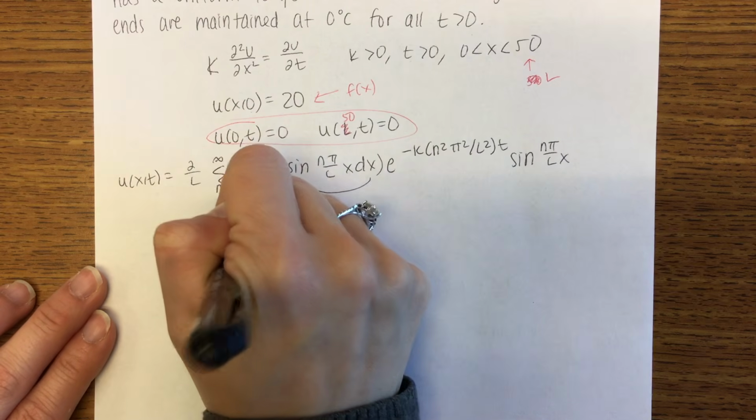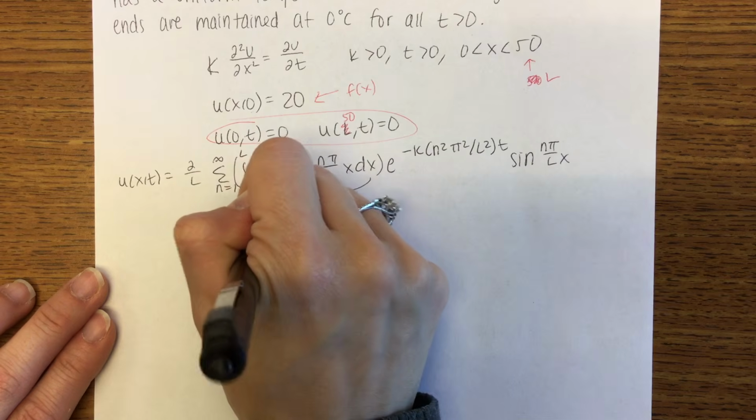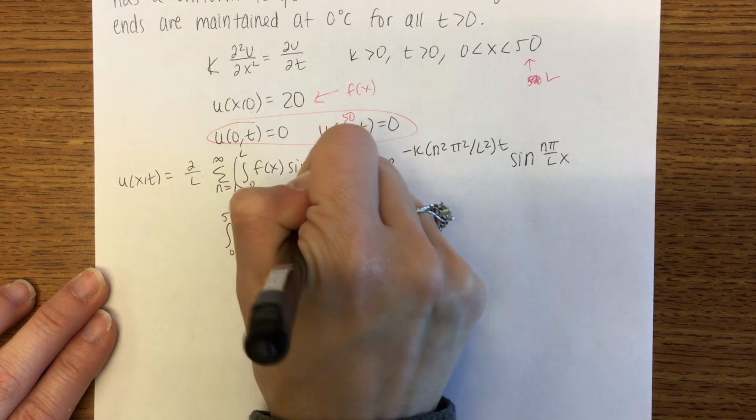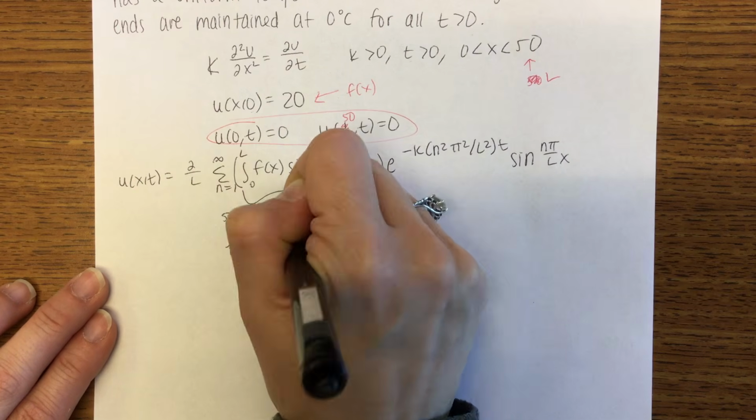Okay, so this is going to be the integral from 0 to 50, because L is 50. F of x, like we talked about, is 20. This will be sine of n pi over 50 x dx.